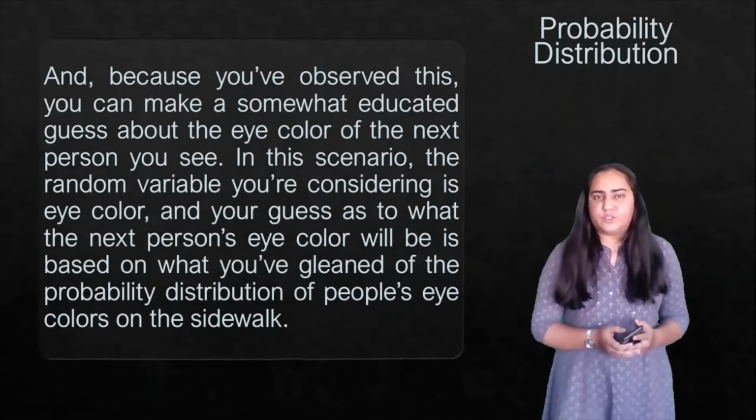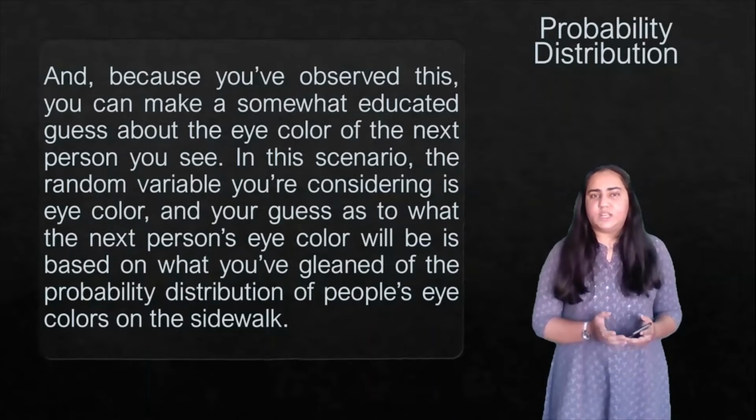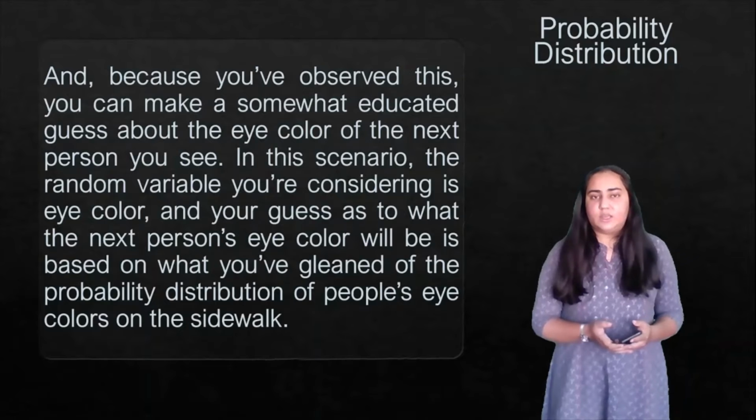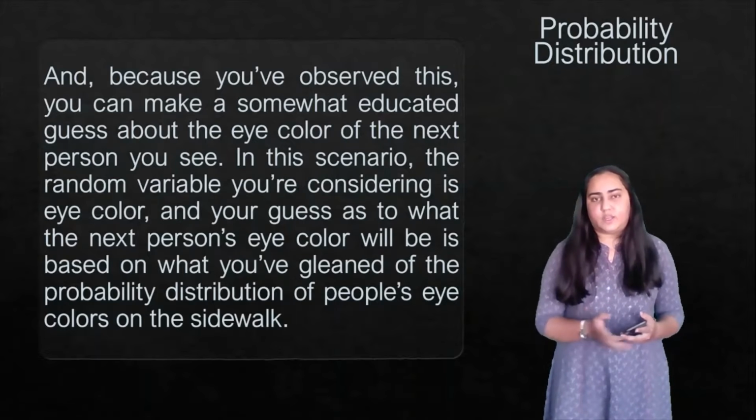And because you've observed this, you can make a somewhat educated guess about the eye color of the next person you see in the scenario. In this scenario, the random variable that we're discussing is the eye color. So your guess as to what the next person's eye color will be is based on what you've learned so far about the probability distribution of people's eye colors on the sidewalk.